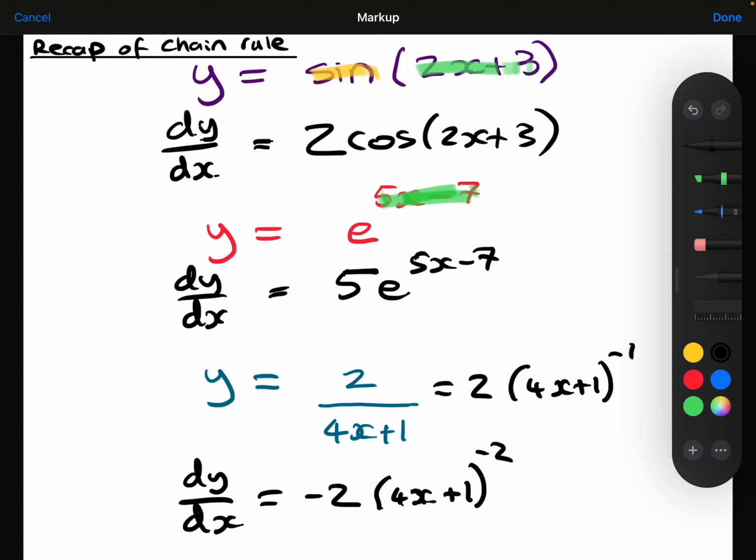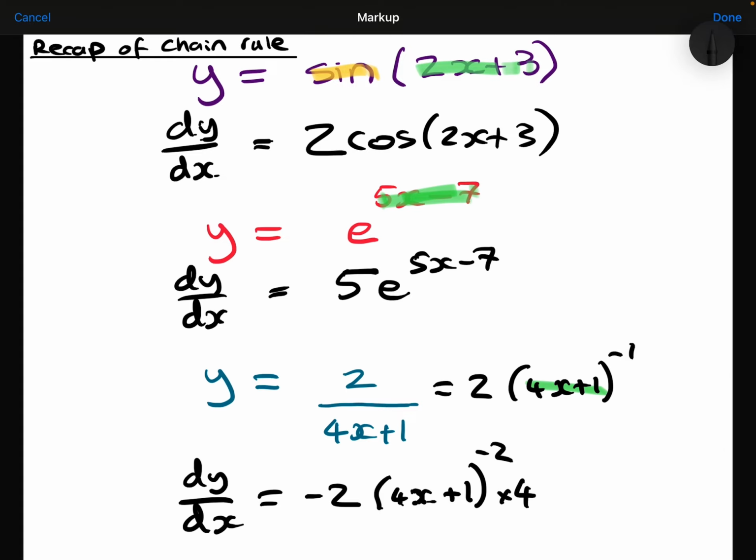And then by the chain rule, I need to multiply by the derivative of the inside. The derivative of 4x plus 1 is 4. Then I could simplify that a little bit. The minus 2 times the 4 is minus 8. And then I can put that minus 2 power back on the denominator like that. So that's a recap of some examples of the chain rule.